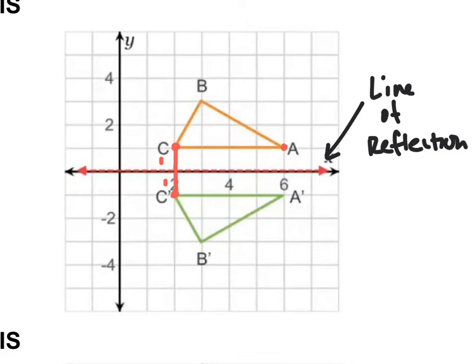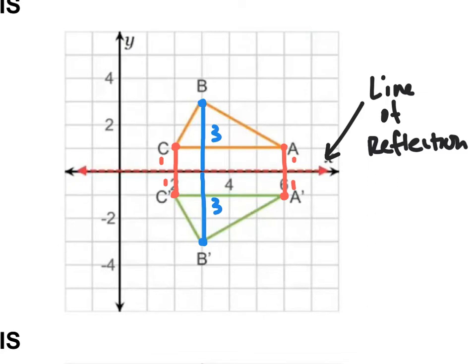Same thing with A and A prime, okay? A is 1 unit away, A prime is 1 unit away. Now the one that is interesting is this one, B and B prime. If we're strictly just talking about the distance to the line of reflection, it's this distance here, and that distance is a length of 3, okay? Same thing with B prime, that distance is a distance of 3, okay?